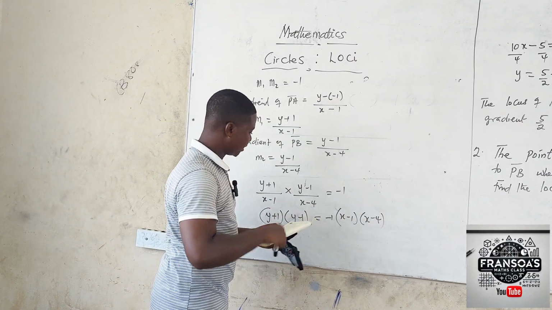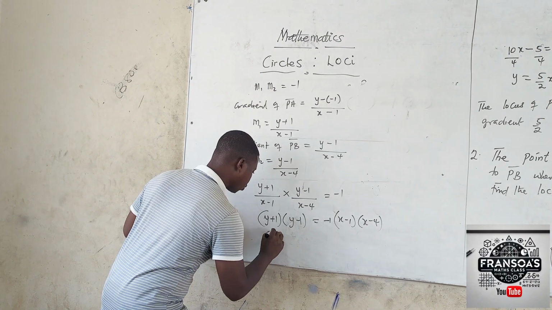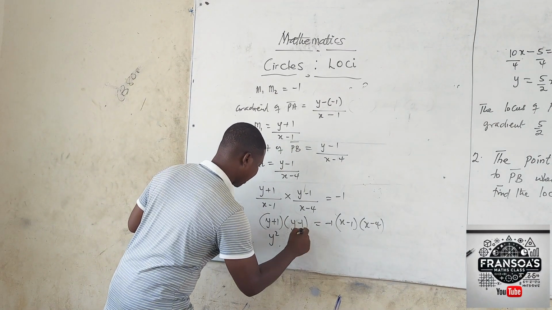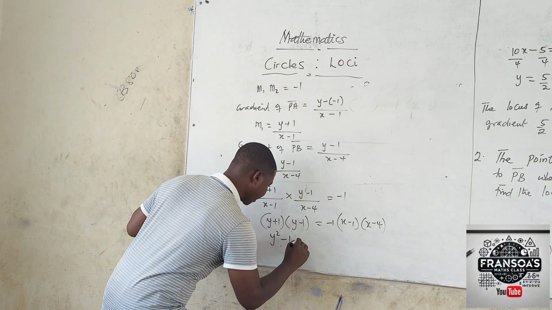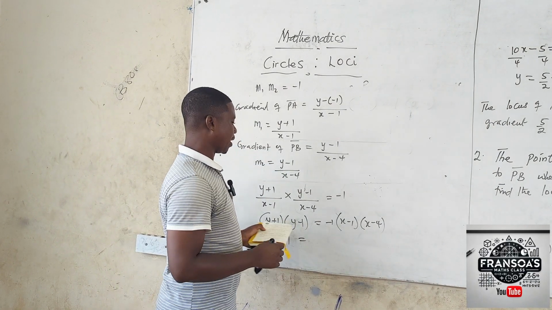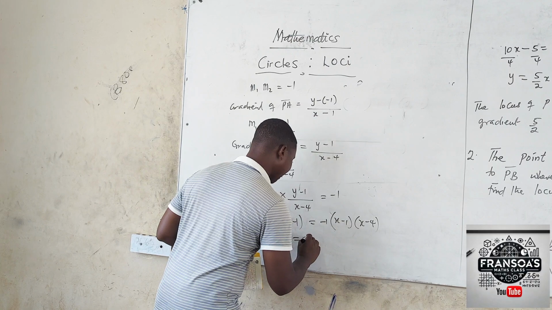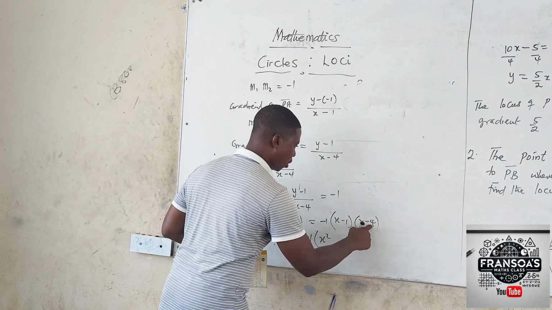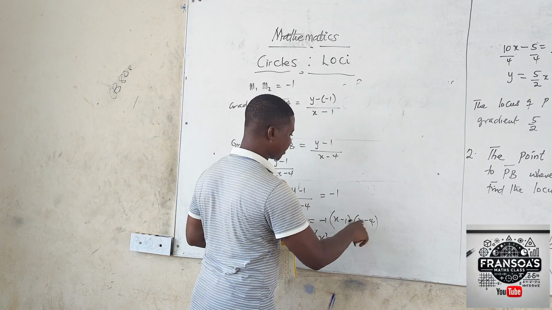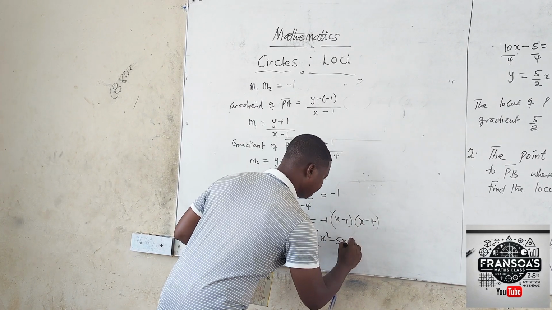Opening this, we get y squared minus 1, because the left side is a difference of two squares. On the right, negative 1 into the bracket: x squared minus 4x minus x, so minus 5x plus 4.